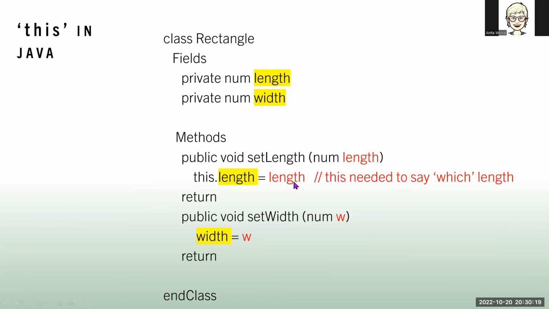To help distinguish which length I'm talking about, they have a prefix they use called this dot. When I use this dot, the length that I'm getting a hold of is the length that is already present and declared inside the class. Okay? So it's this length, and that's why I made it yellow. That's where you use length.